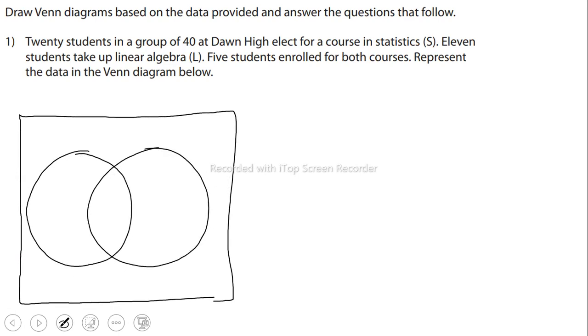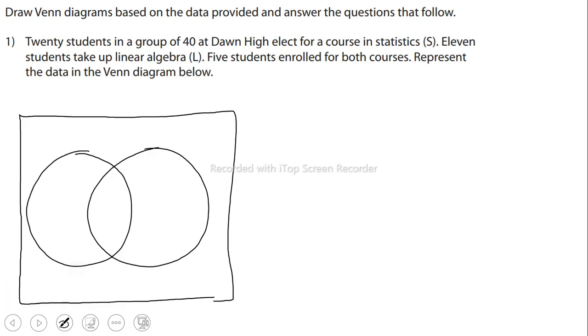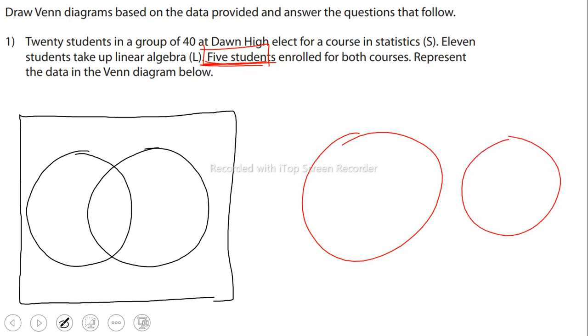Now, the reason why I'm able to draw this with an intersection is because they tell me that my intersection has 5 students in it. So I do have an intersection. My intersection is not empty. In fact, it has 5 students inside of it. If it didn't have an intersection, they would give two disjoint sets.